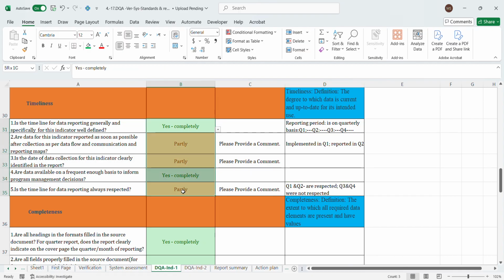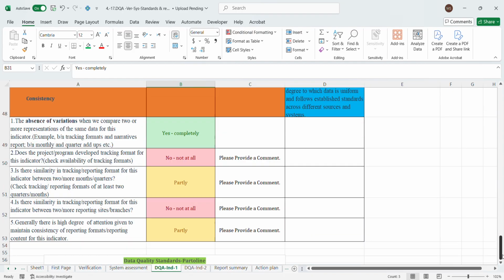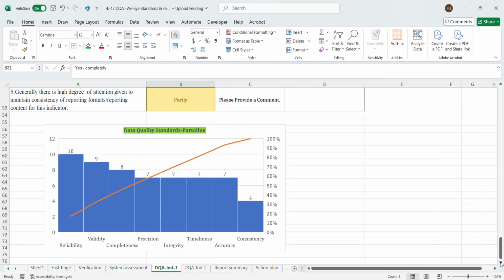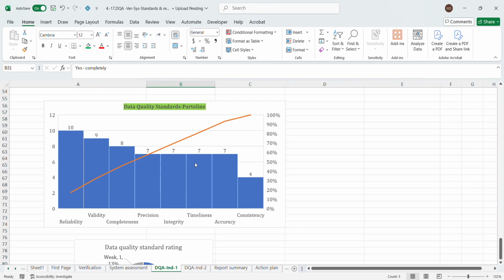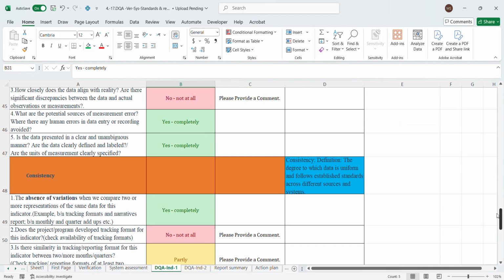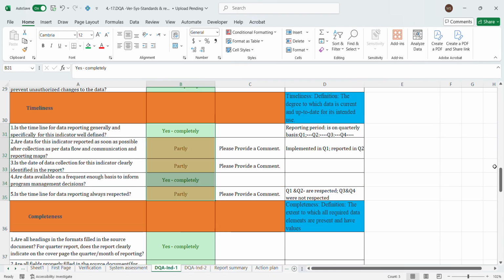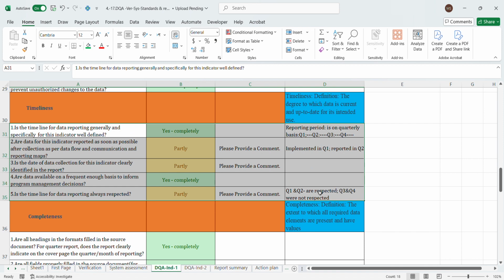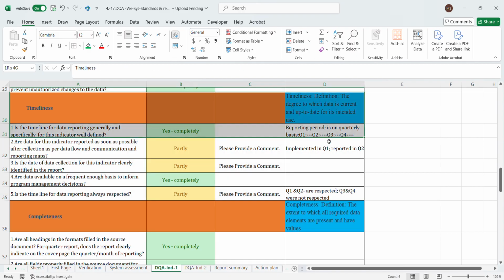Let's evaluate the performance of timeliness in our famous Pareto chart. Timeliness is here. Remember that we have to fill in all this data based on the evidence we have. So far we have seen many of the standards, and in today's topic we have seen timeliness. We first check whether the standard is there for reporting.